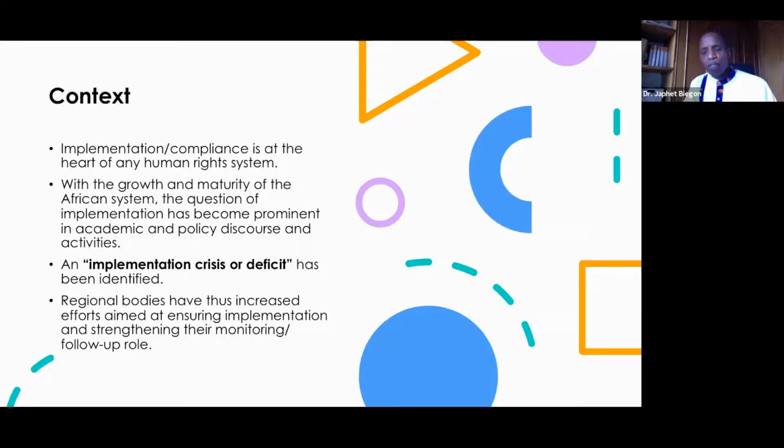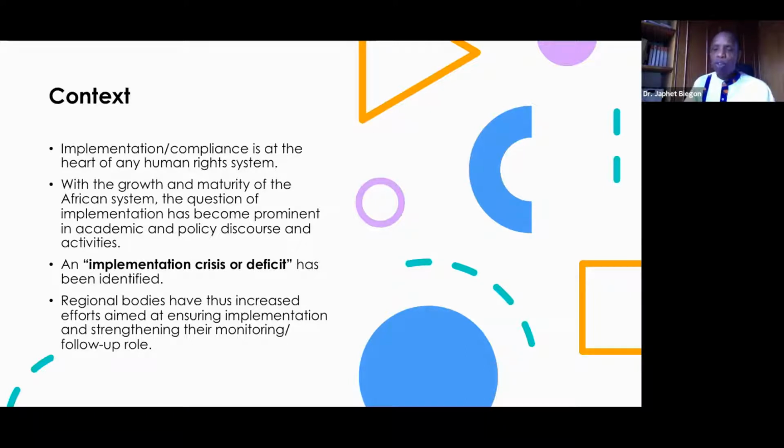Victims and complainants of human rights violations submit cases to this system with a view to vindicating their rights, and ultimately to ensure that the right they have been denied is restored, that whatever they are seeking before the court is provided, and that they are able to benefit from the case they have lodged. Absent implementation, the system as a whole is almost rendered meaningless, because in the end, we want to see victims and complainants benefiting from the cases that have been adjudicated.